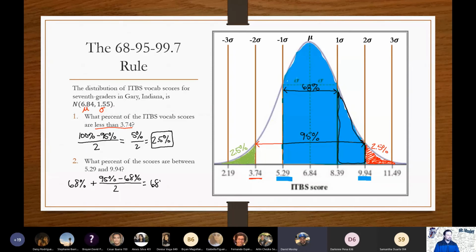So I get 68% plus, this ends up 95 minus 68 is 27. 27 divided by 2 is 13.5. Right, and that leaves me with 81.5%. So that means, right, that under the curve here, I have 81.5% of my data is between 5.29 and 9.94.